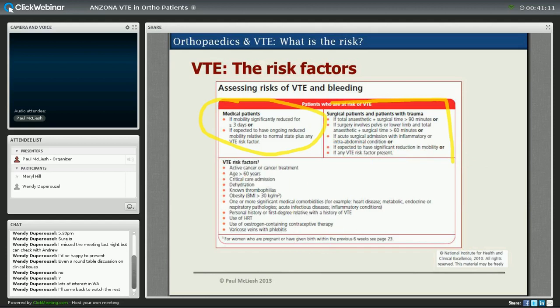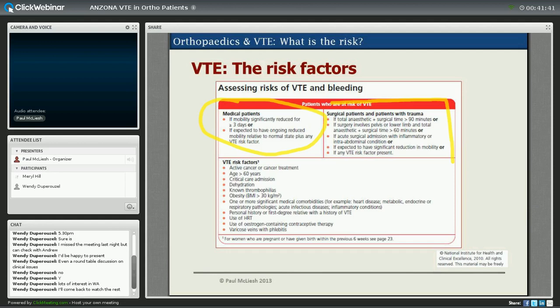So what they've done is they've separated the risks into the types of patients in terms of what their injury is or what their illness is, but also risk factors for the actual individual patient as well. So for example, if someone's got active cancer or cancer treatment, that is an extremely high risk factor for VTE, and they need to be treated as such, because they're probably going to end up with VTE unless you try and prevent that.